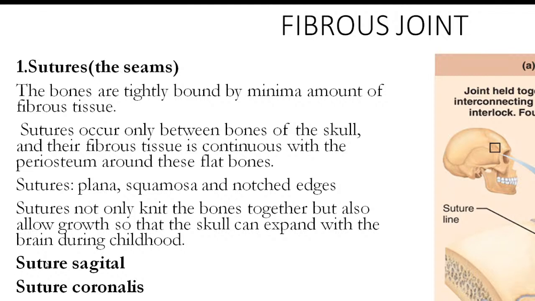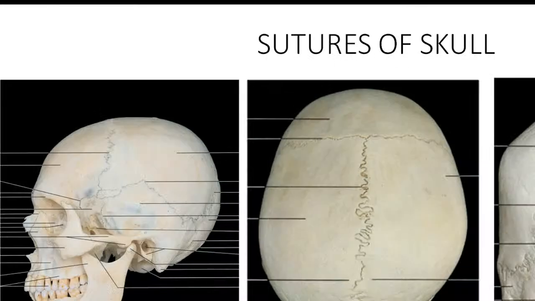Sutures are classified as sutura sagittalis, sutura coronalis, sutura lambdoidea, sutura squamosa, and sutura plana. For example, you see the sutures of the skull.